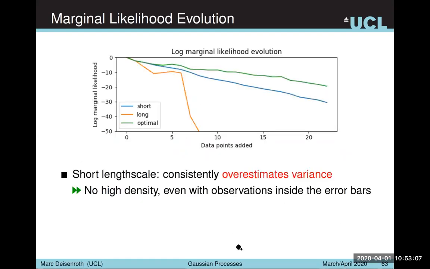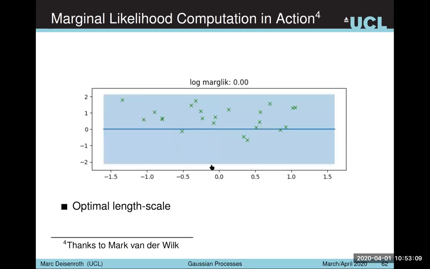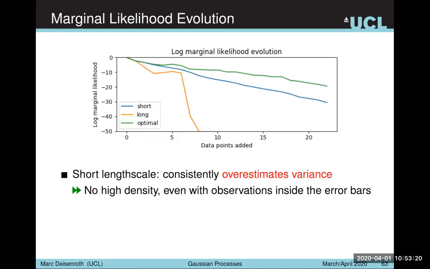So if we look at these three examples that we had, short length scale, long length scale, and optimal length scale, and see what the marginal likelihood values look like as a function of the number of data points that we add. In the beginning, the marginal likelihood values agree in all of these three settings. And then we can see that the long length scale marginal likelihood value really plummets.